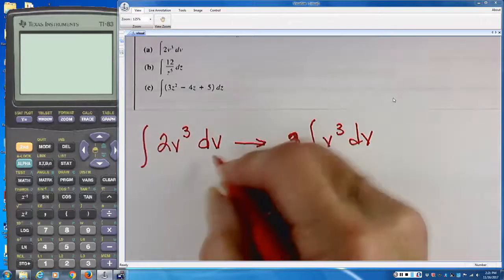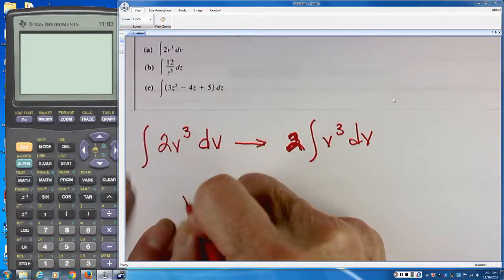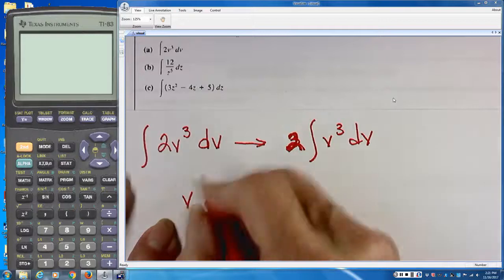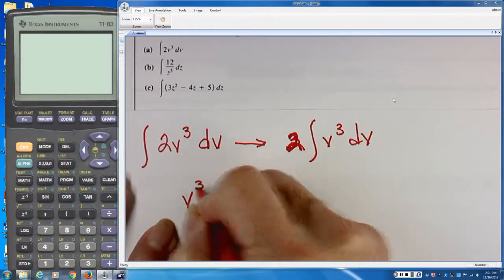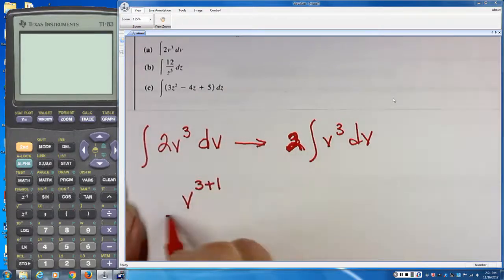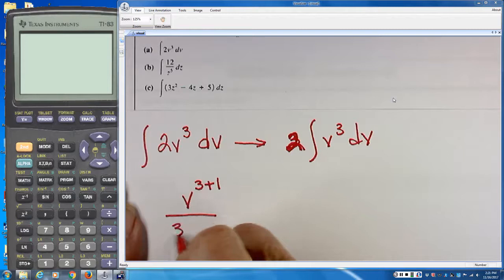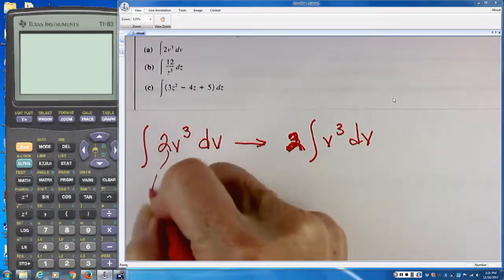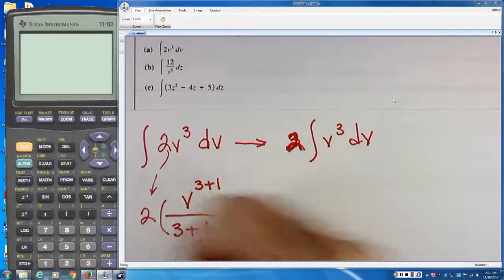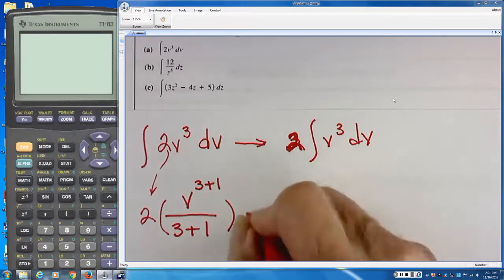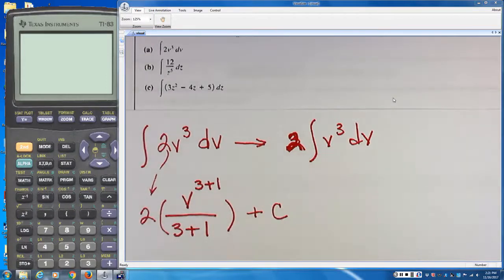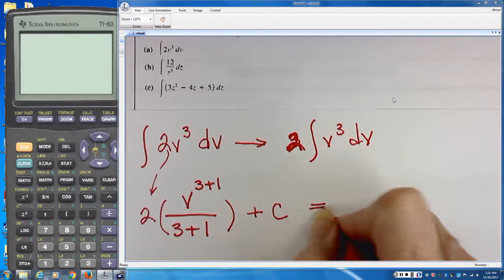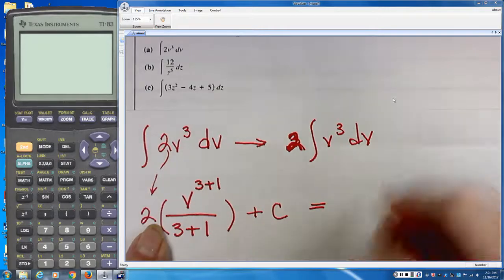So when I take this integral, I'm going to take v and I'm going to add 1 to my power and divide by that new power, and then I'm just going to bring the 2 down. And remember to add my constant. So 3 plus 1 is 4.